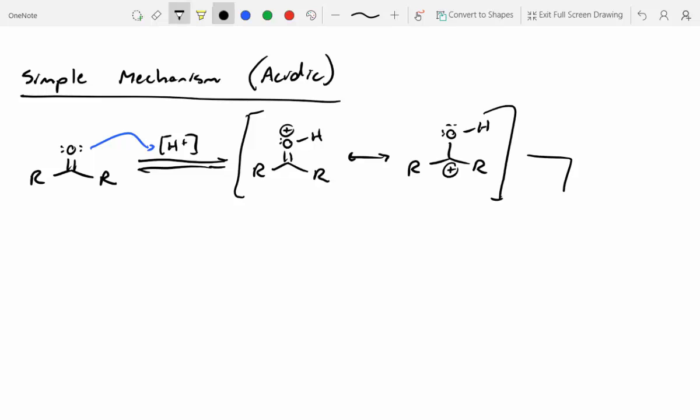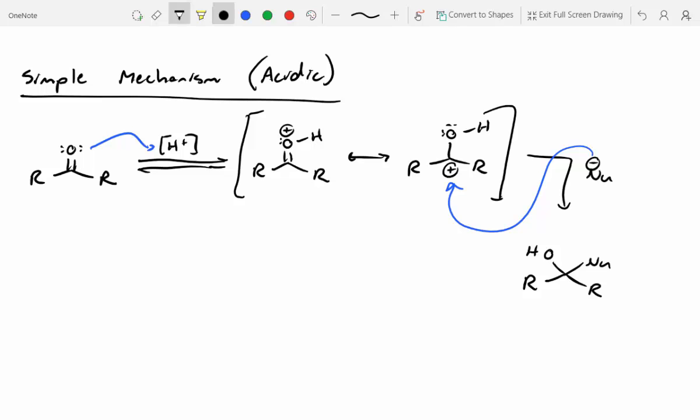And now if you're a nucleophile and you've got some sort of negative charge, like we said, it's going to really favor this electrophilic carbon on the bottom there. So you'll end up with your nucleophile and then your alcohol.